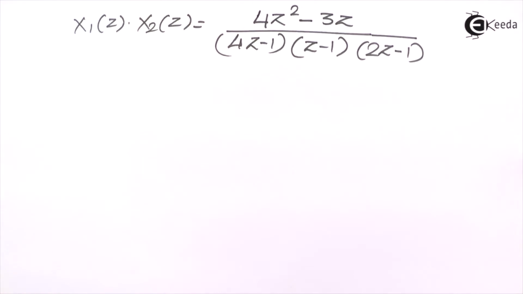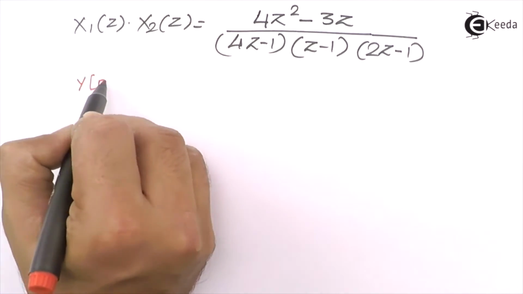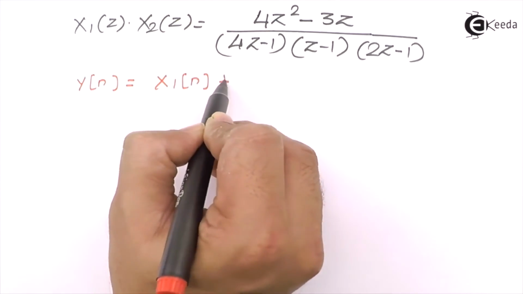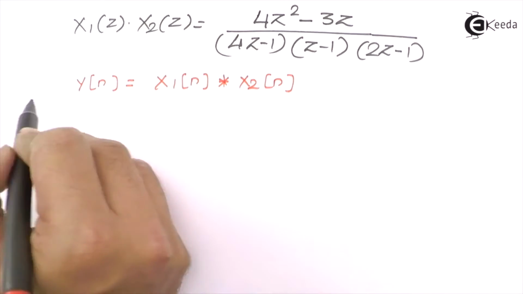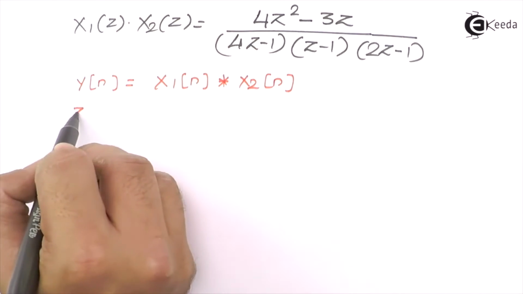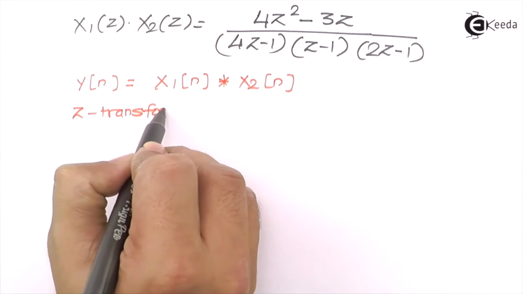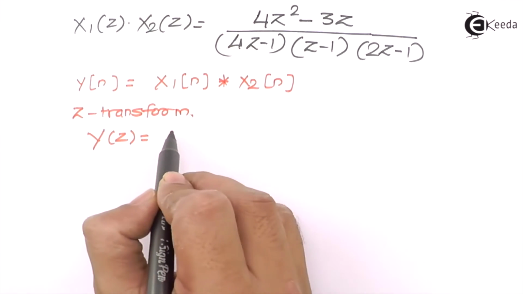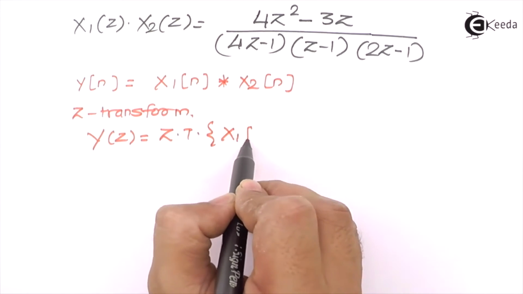Now we will do one thing. Let's consider y(n) as the answer for convolution of x1 and x2. And if you take a z transform of this, we will get Y(z) is nothing but a z transform of convolution of x1 and x2.